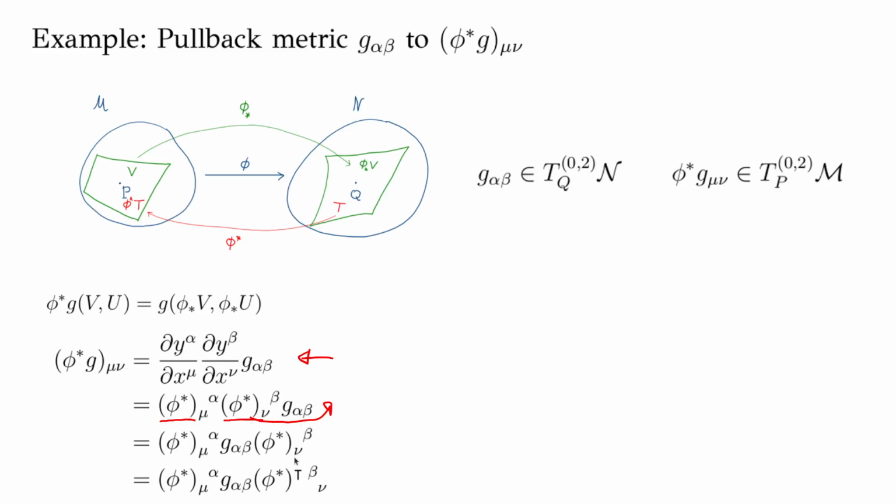And now we want to exchange the order of these two indices, nu and beta, and make it beta nu, so that we have a matrix multiplication. To have a matrix multiplication, this has to be summed with this index, and this has to be summed with that index. But in order to do that, we need to consider the transpose matrix of the representation of phi star.